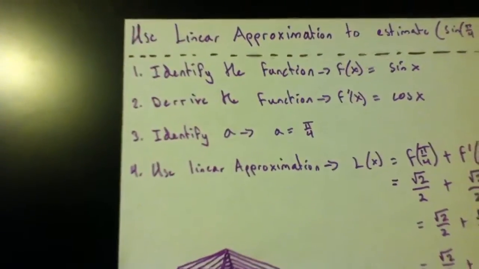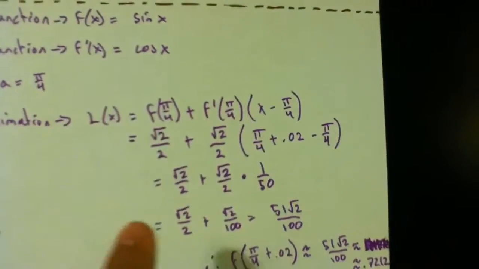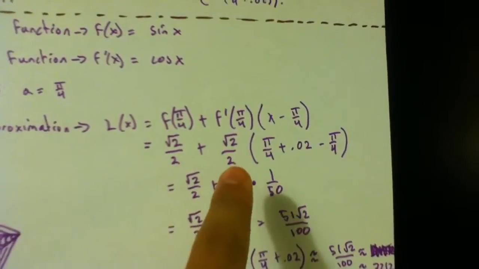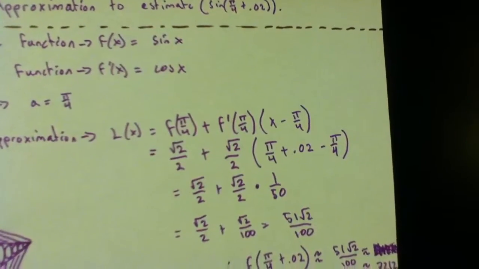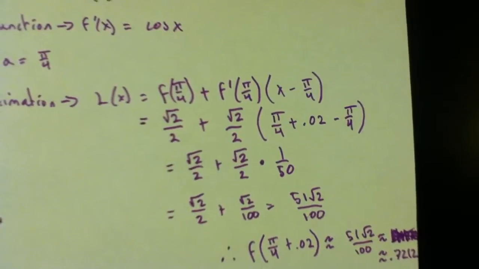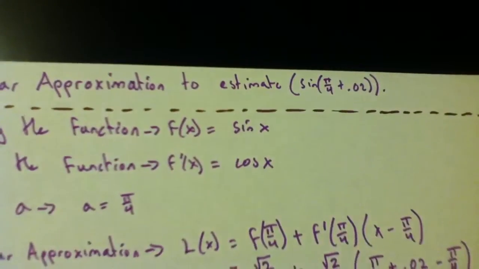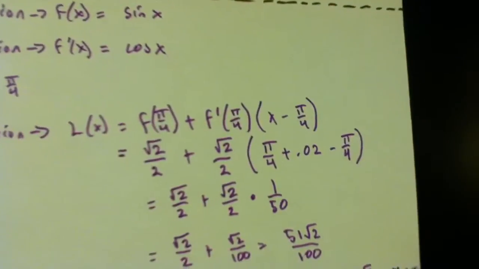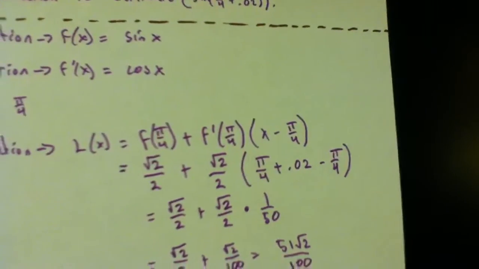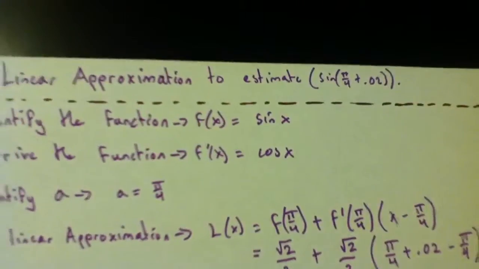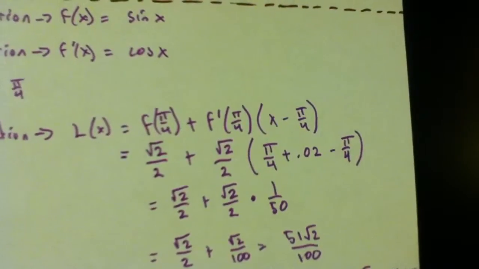So the fourth step is to use linear approximation. Now L of x equals f of pi over 4 plus f prime of pi over 4 times x minus pi over 4. So f of pi over 4 is equal to sine of pi over 4, which is root 2 over 2. F prime of pi over 4 is equal to cosine pi over 4, which is also root 2 over 2.